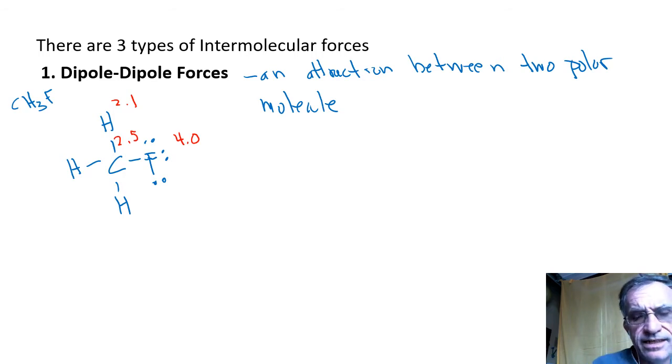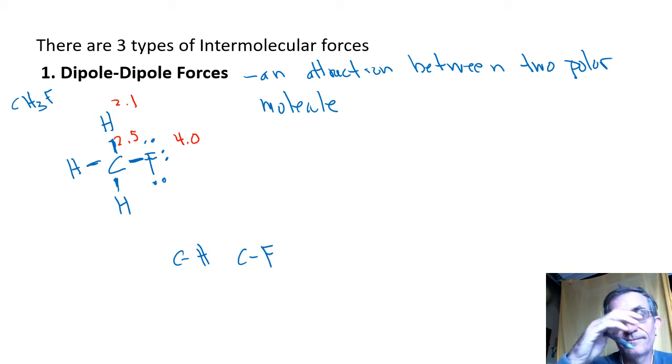So I want you to think about, in this molecule, which one is the polar bond? Is it the bond between carbon and fluorine, or the bond between carbon and hydrogen? I guess all three of those would be the same. So which bond is polar, the CH bond or the CF bond? Oh, it should be the CF bond.